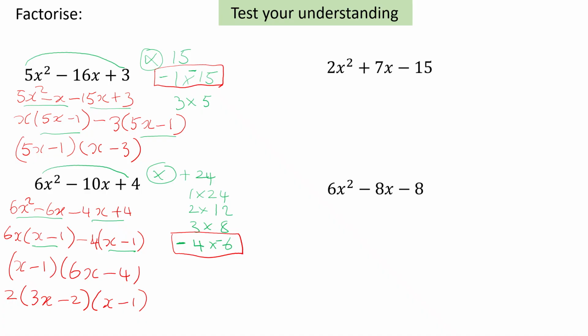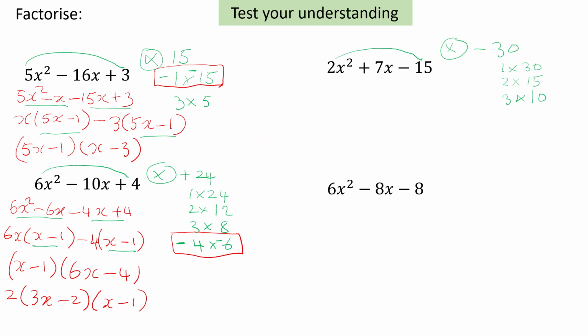2x squared plus 7x minus 15. Multiply two numbers to get negative 30. The factors are 1 times 30, 2 times 15, 3 times 10.